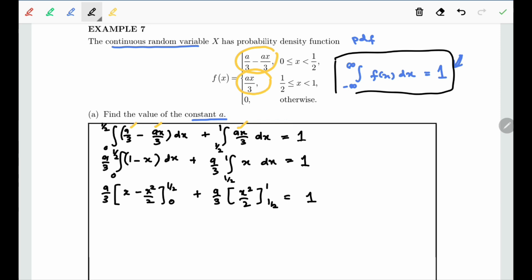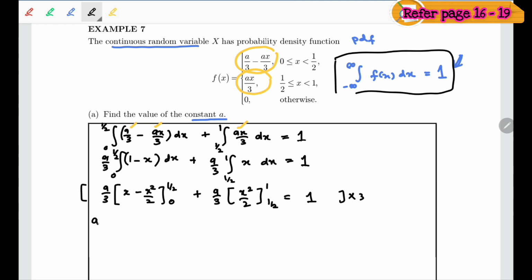Since we have a over 3 for both terms on the left side, we can multiply by 3 in order to eliminate the 3. It's an option. If you don't want to do it, just forget the multiplication by 3. So then we are going to substitute. After we multiply each term by 3, for each denominator of 3, we get rid of it.